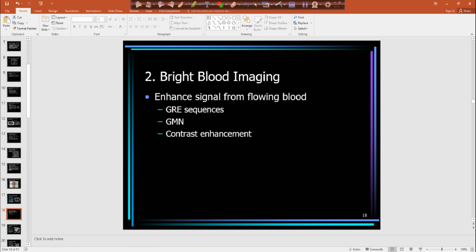All right. And then we describe bright blood imaging. So this is our gradient echo pulse sequences, which is flow sensitive. So we're enhancing signal from flowing blood. So this is our hemodynamic.